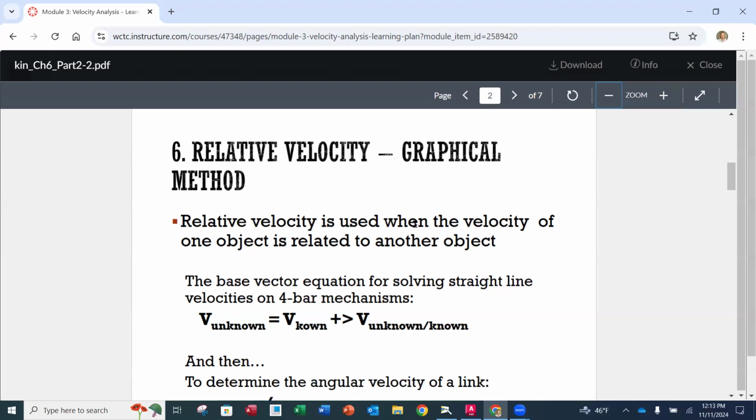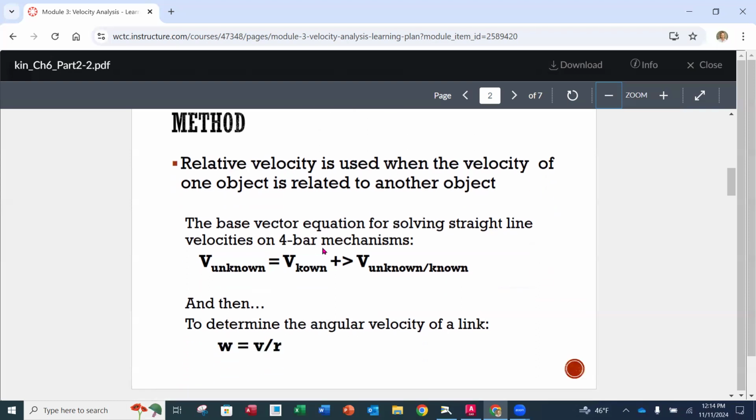That's going to be equal to the velocity of something that's known. And again, typically that's going to be what's going on with my crank, okay? A lot of times that's the starting point because that's where we know the most information. So the known velocity of one of the links that we're aware of, plus, added vectorially, the straight line velocity of the unknown, which is at the beginning, relative to the known, okay?